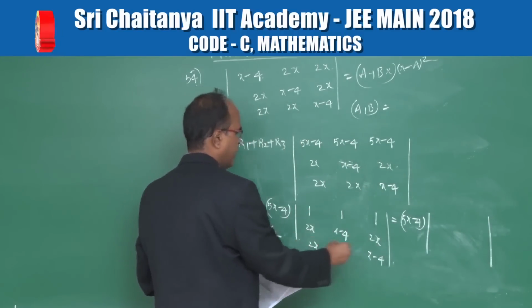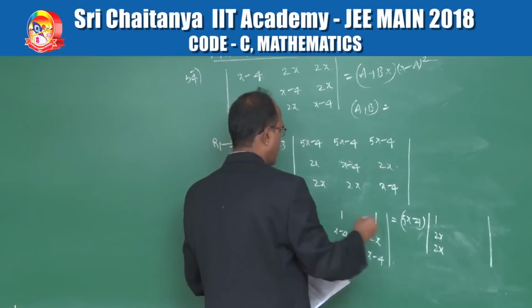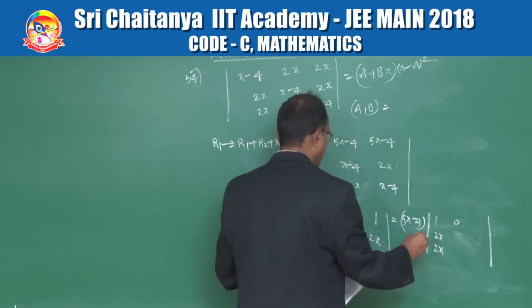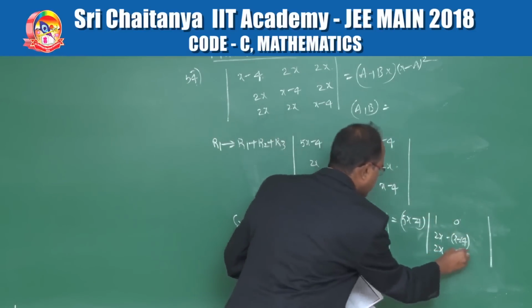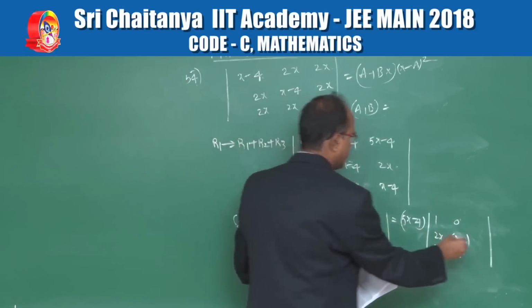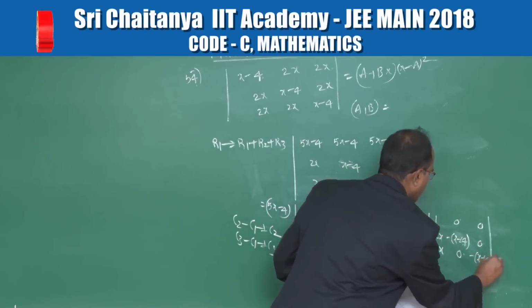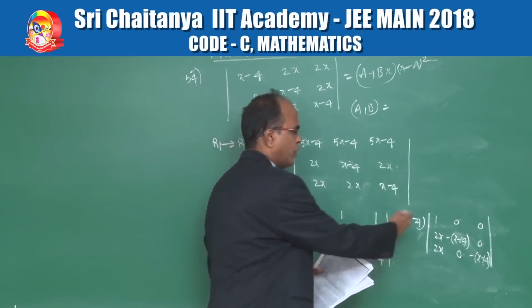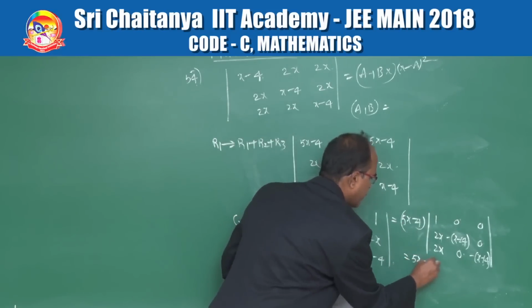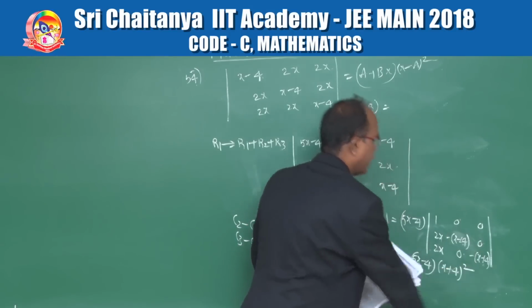The first column remains the same, 1, 2x, 2x. The second column becomes 0, minus of x plus 4, 0. The third column becomes 0, 0, minus of x plus 4. If you now expand by using the first row, we get (5x minus 4) into (x plus 4) whole square.